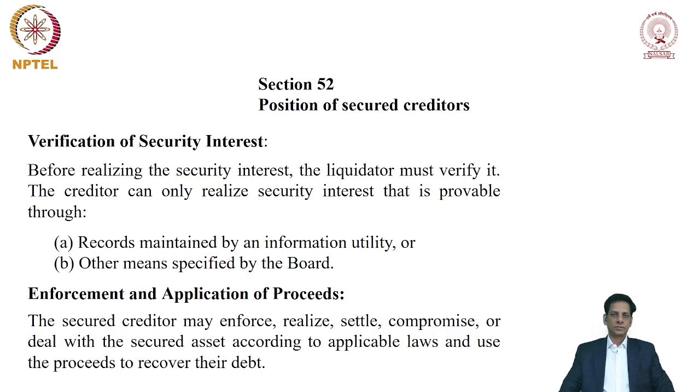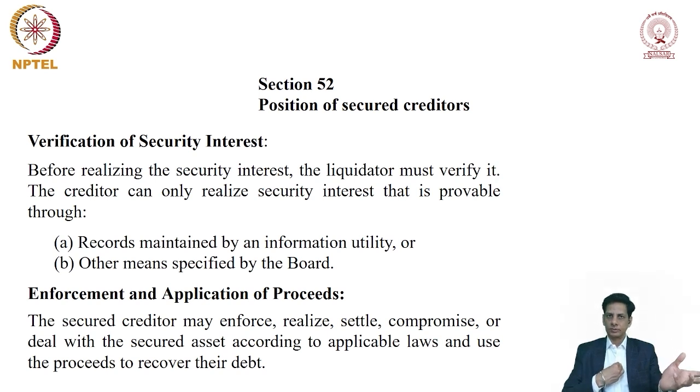Now, watch an interesting scenario. I have lent 5 crores to a borrower. All right? He has given me an asset as a mortgage. Now I have walked away with this asset. When I sell this asset, I got only 2 crores against my 5 crore debt.